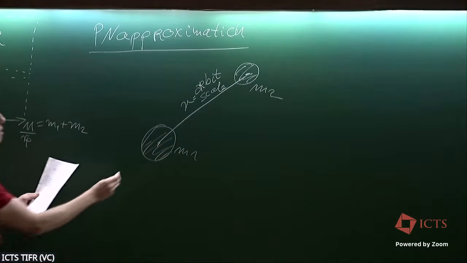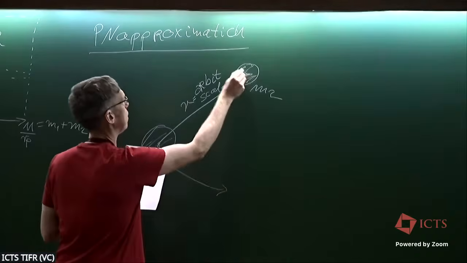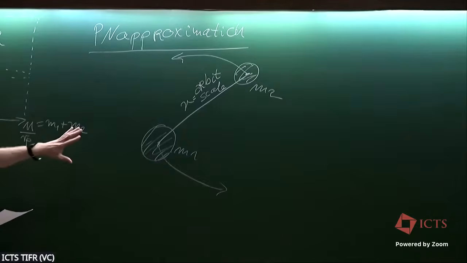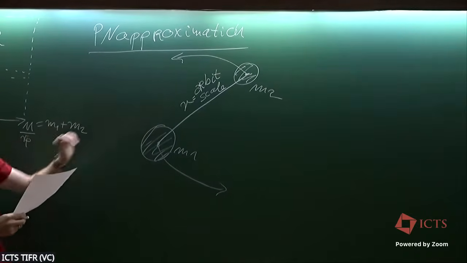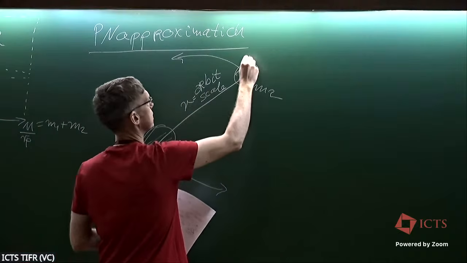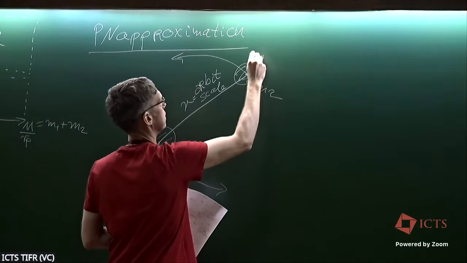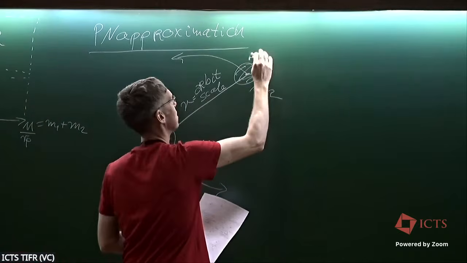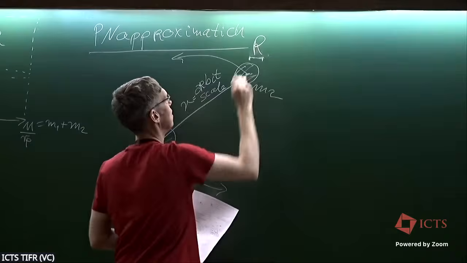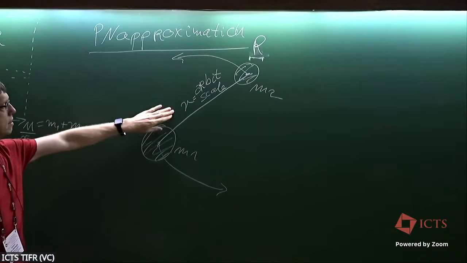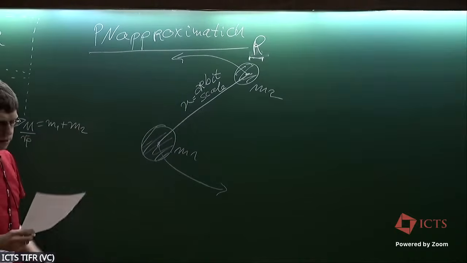That fixes one of the scales in the problem. There's another scale, which is just the scale of the bodies itself. Let me call that big R. So big R is roughly the size of the bodies. Small r is the scale of the orbit.